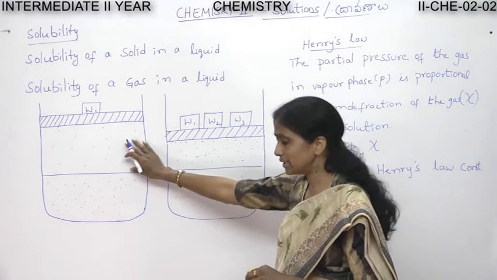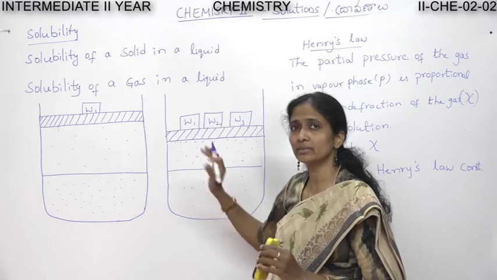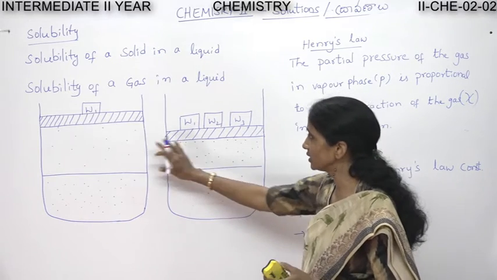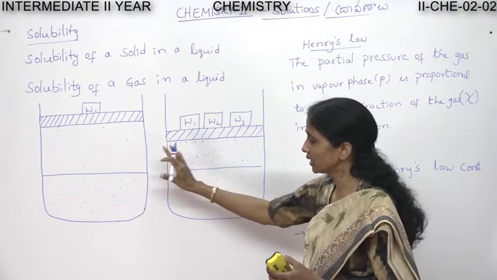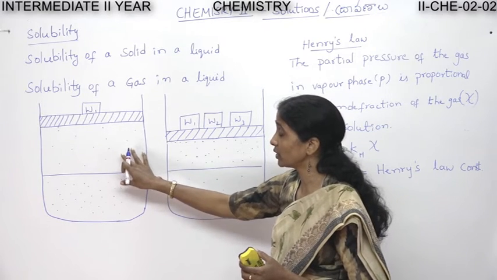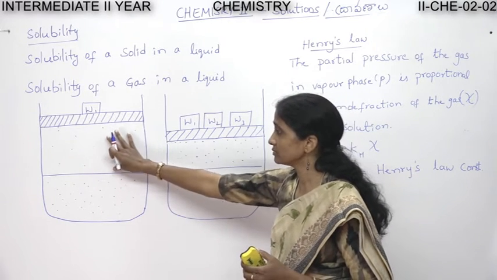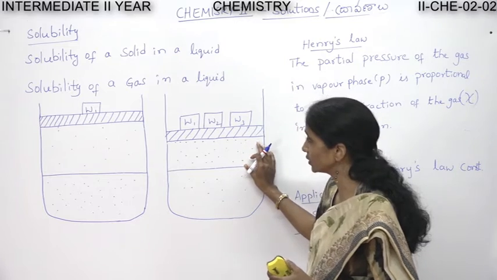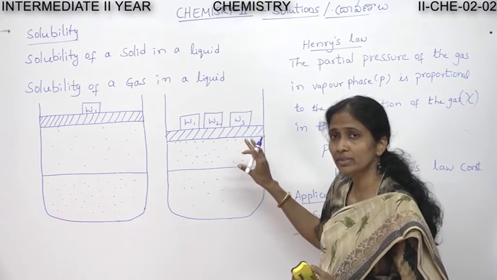If you take both of these and observe the difference, we can note that here we can see very few gas molecules, but here more. Why is this happening? How can this happen?